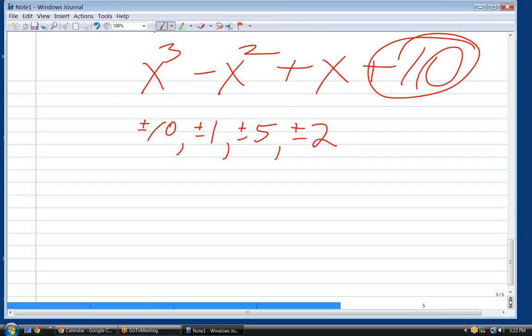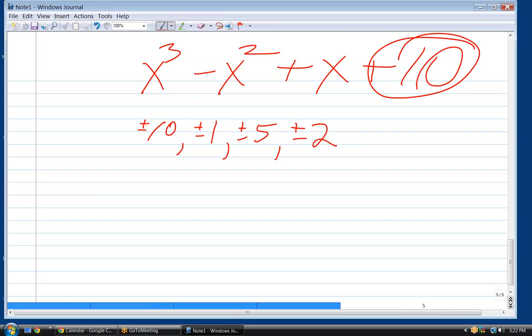So if I'm trying to find the zeros of this thing, I have to start testing all of these and see which one works. And that's what finding zeros of cubics is a lot about, is a lot of trial and error. You'll never get more than one problem on a test because each problem might take 20 minutes.